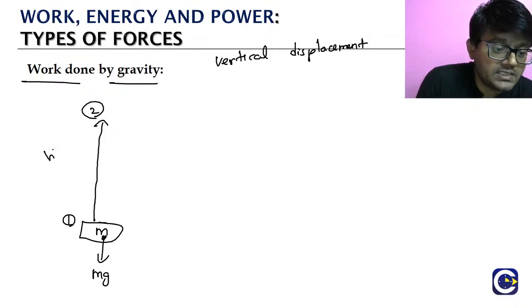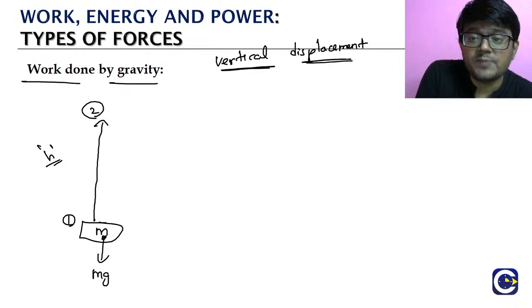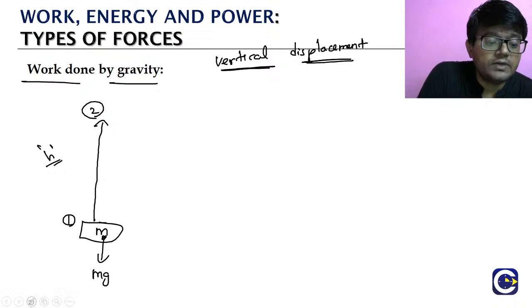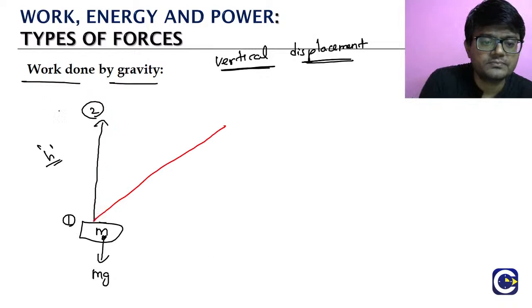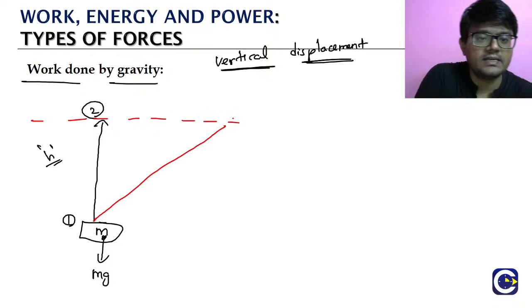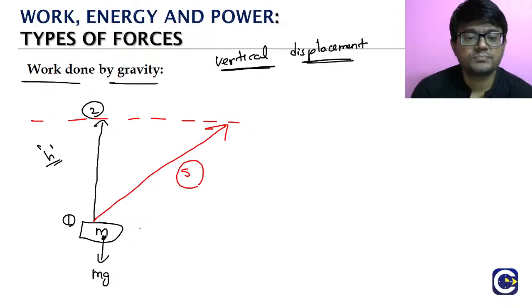Let us say h. Why do we say vertical displacement? Because even if you give displacement in some other direction, for example moving it from here to here, so that it comes to the same level, let us say the displacement is s.